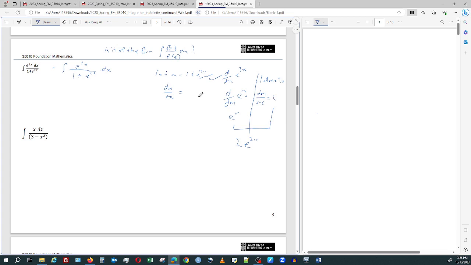So what we can see is that do we have e to the 2x? Well, we do. 2e to the 2x. So rearranging this, you get 1/2 du is equal to e to the 2x dx.